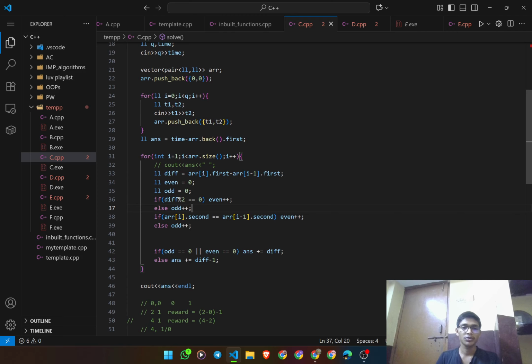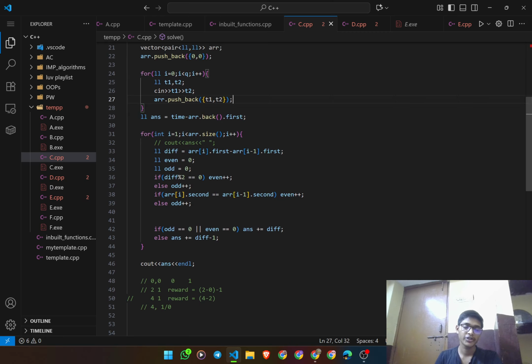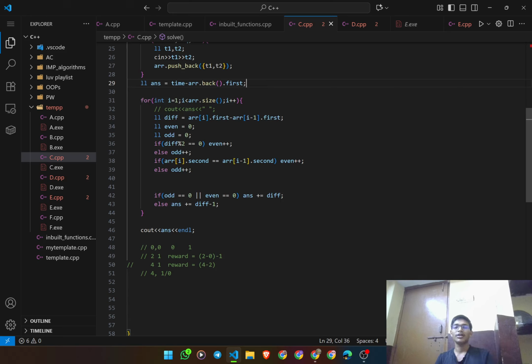So we have a vector of pairs, and we have initialized it with 0 0 because it was our initial position. After that we have taken the answer equal to time minus array dot back. We can do this at the last also, because from the last to this we can travel to any side, from 0 to 1 or 1 to 0.